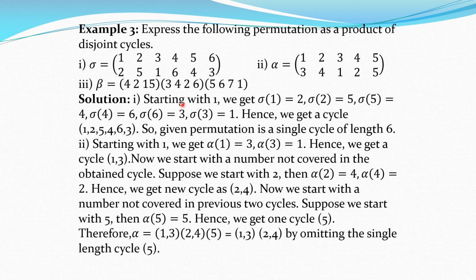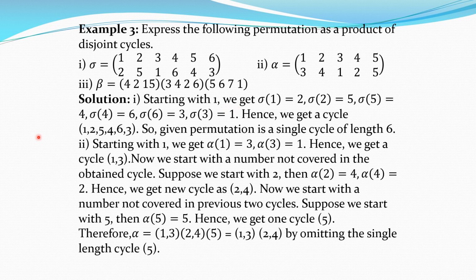Now, to write it in cycle form, we start with the first element. Sigma of 1 is 2. Sigma of 2 is 5. Now we find the image of 5: sigma of 5 is 4. Then the image of 4 is 6, that is sigma of 4 is 6. Sigma of 6 is 3 and sigma of 3 is 1. So we write the cycle: the image of 1 is 2, so 1, 2.